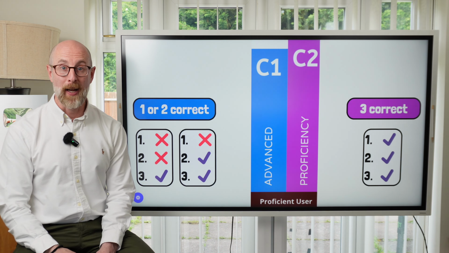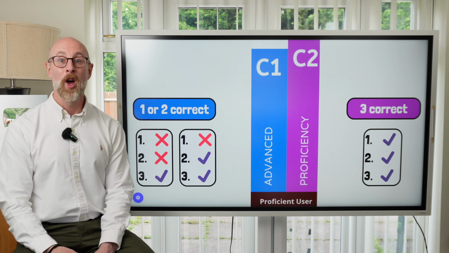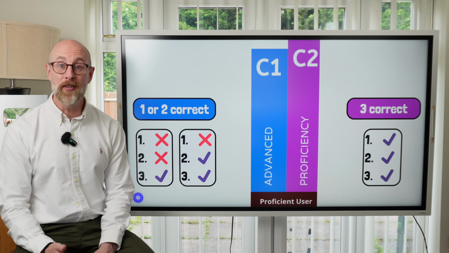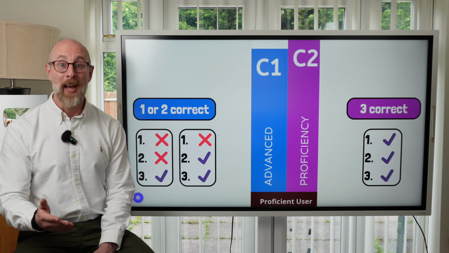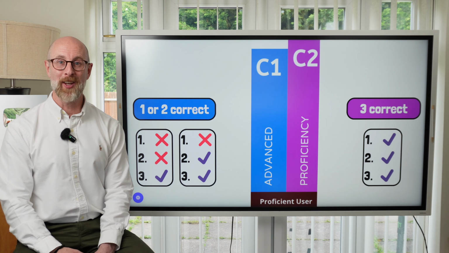Right, let's check. If you got 1 correct or 2 correct, your grammatical accuracy is likely to be in the C1 level. And congratulations, if you got all 3 questions correct, your grammatical accuracy is very likely to be at C2 level.